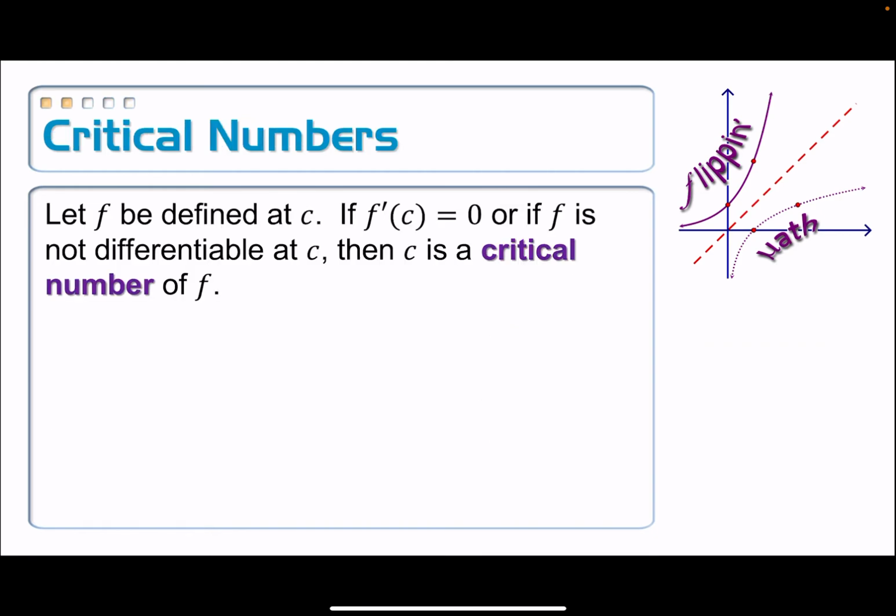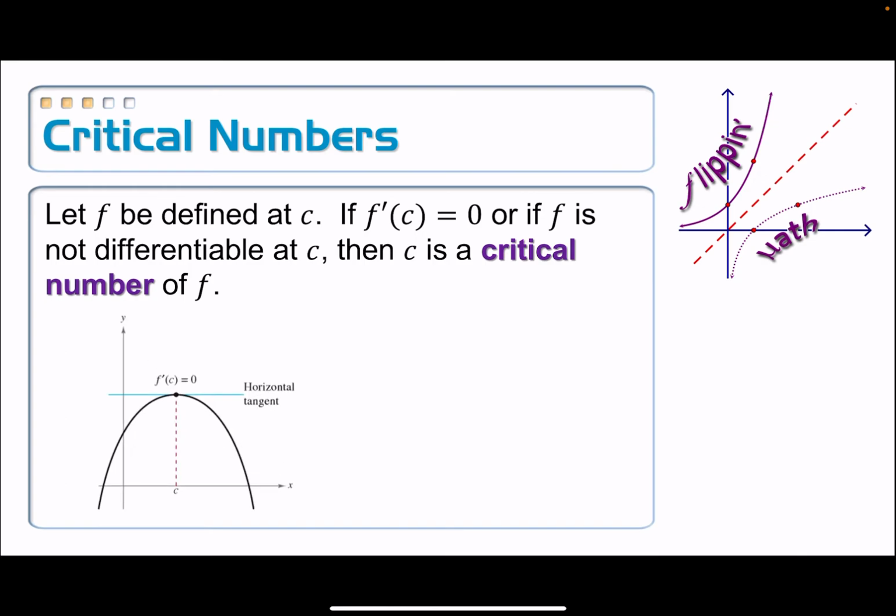Okay, so let's define critical numbers. Let f be defined at c. So our function is actually defined at this x value, c. If f prime of c is equal to 0, or if f is not differentiable at c, then c is called a critical number of our function f.